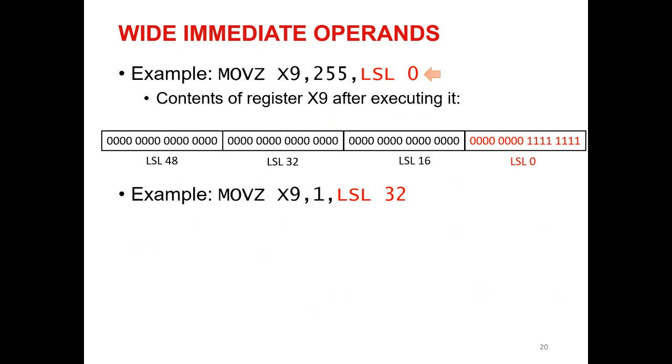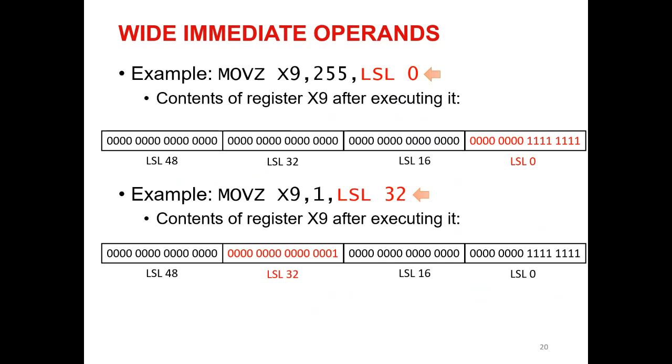If I want to modify the second quadrant, this one here, I just need to change the value in the LSL, the logical shift left, and then what will happen is that the values in this quadrant will be modified, and the rest will be set to 0. Okay, makes sense?